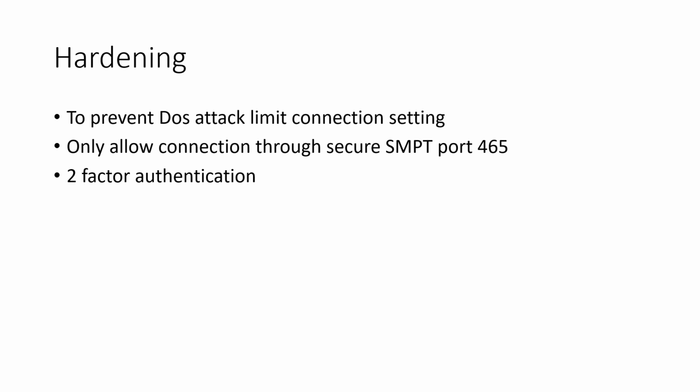Another hardening recommendation is only allow connections through the secure SMTP port 465, and same as the POP3 protocol, have two-factor authentication. So either you can set this up with an email or a phone number, and they will send you a code or some type of verification that it is really the user. And after you enter that, you'll be able to access.